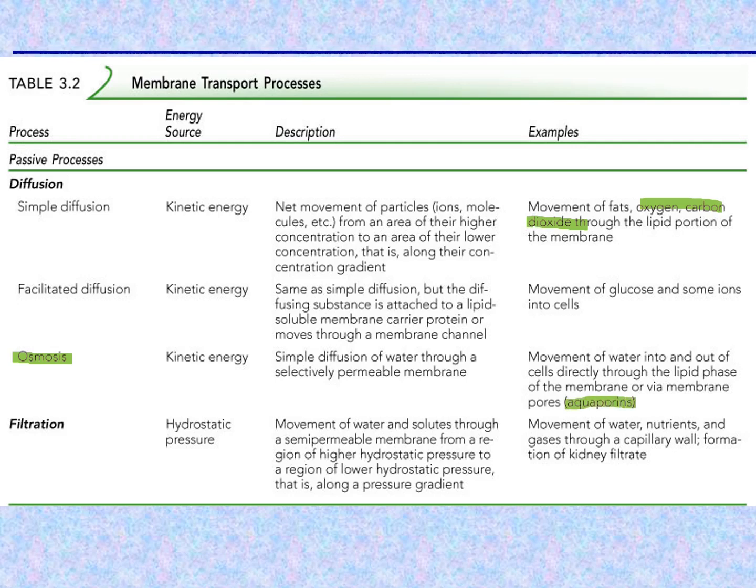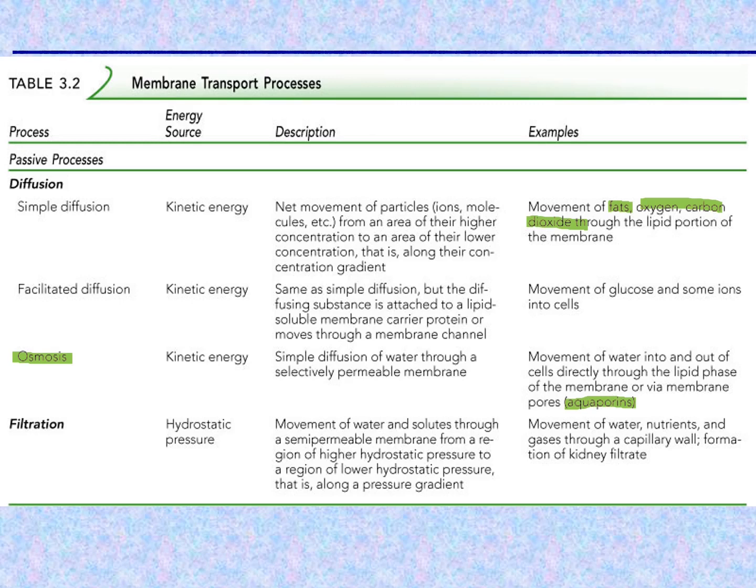So simple diffusion does occur. All lipids can go across because they're not stopped by the phospholipid bilayer, even though it's got a non-polar hydrophobic middle region of fatty acids.